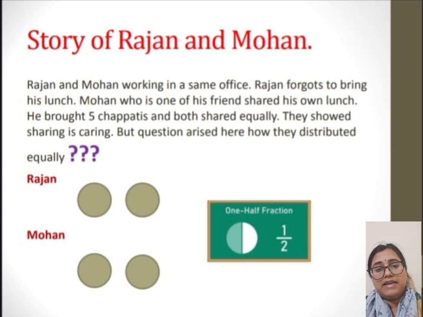Now 1 chapati is left. So how do they distribute it? They divided the 1 chapati into 2 equal halves. Clear? So it will be 2 chapatis plus half a chapati for Rajan and the same for Mohan.